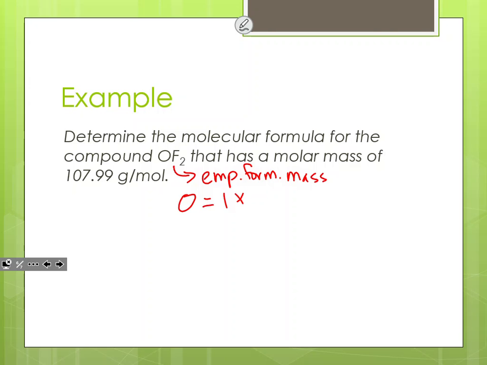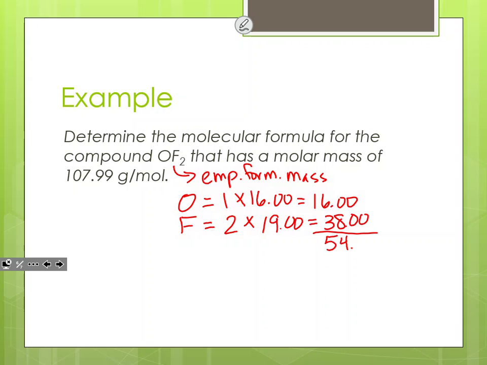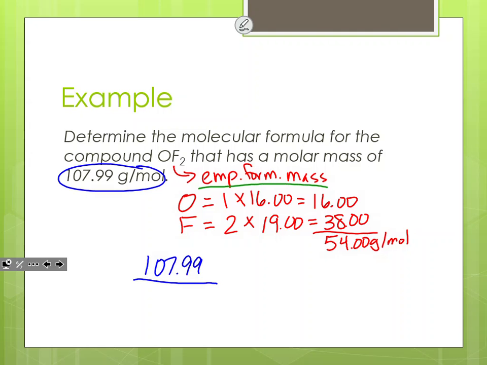So O, 1 times 16 gives me 16. The F's, what's the molar mass of F? 19, good, there's 2 of them, so I'm going to multiply that by 2 and we get 38 for that. So this ends up being 54 grams per mole. That is the empirical formula's mass. Now, all we have to do is follow the equation. We take our molecular formula's mass, 107.99, and divide it by the empirical formula's mass, which was 54.